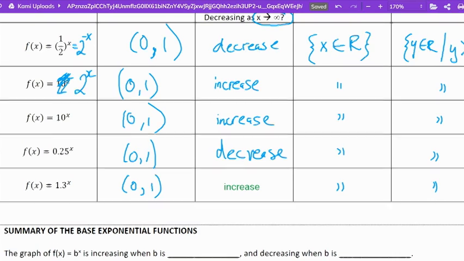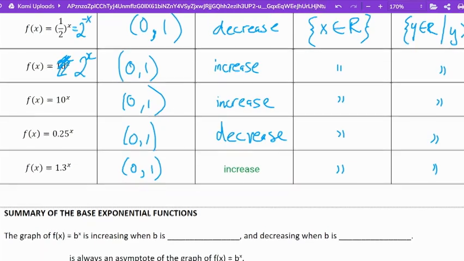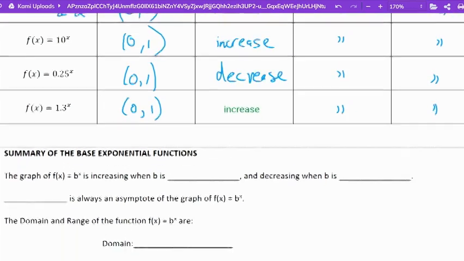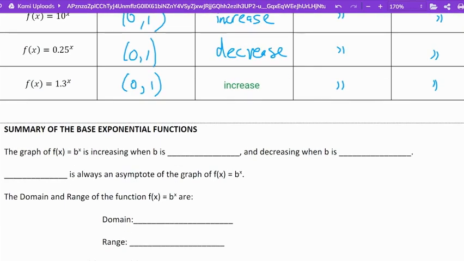All right. So let's do our summary. We're not going to get to first and second differences. I don't want to rush that. The graph of f of x equals b to the power of x is increasing. Now, b is called the base. When you have an exponent, the number at the bottom is called the base.